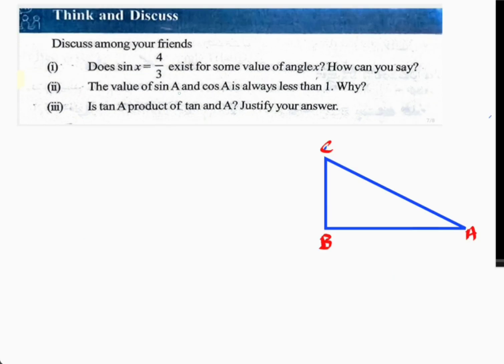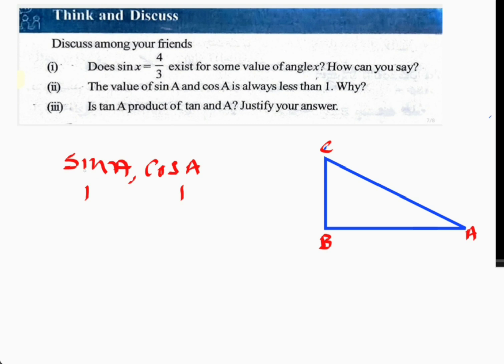Second, the value of sin A and cos A is always less than 1. Why? No, the values of sin A and cos A are not always strictly less than 1. They can be equal to 1 sometimes. Specifically, the maximum value of sin A is 1, and the maximum value of cos A is also 1.